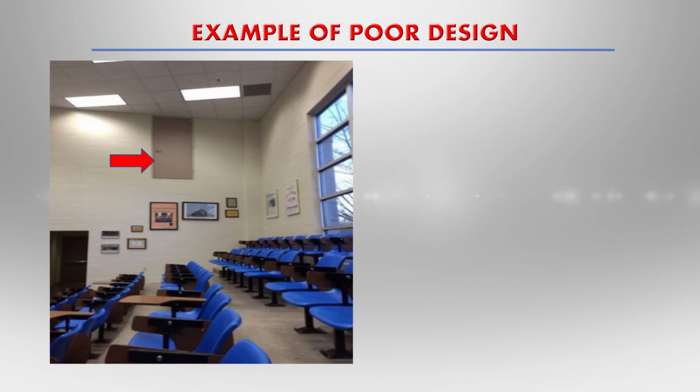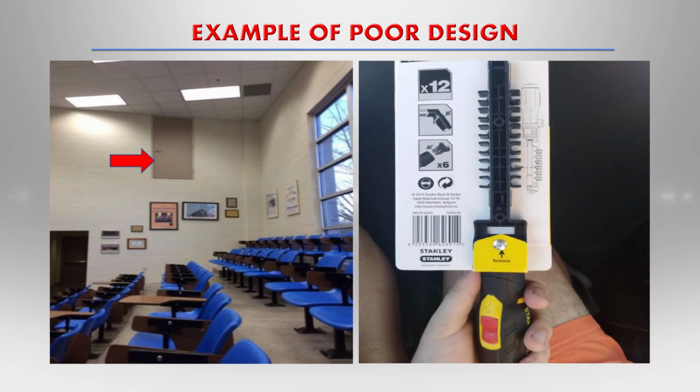Examples of poor design are these. In this hall there is an emergency door, but it is at a significant height, and in case of emergency a person cannot climb to the door and cannot escape safely. In the second, right hand side picture, it is a packing material used for a particular brush, but there is a pin, denoted by the red arrow, that cannot be removed easily.